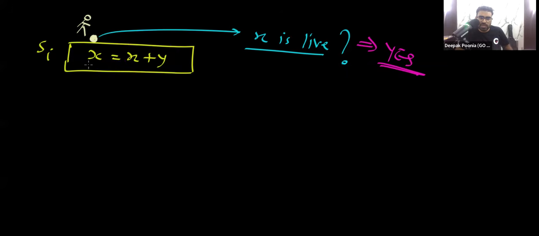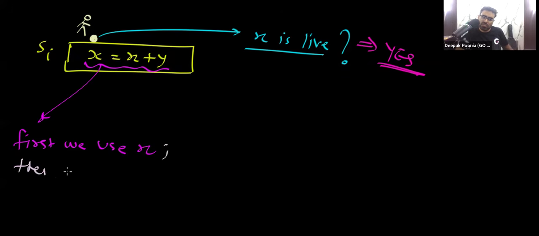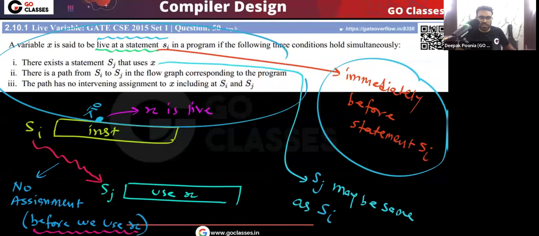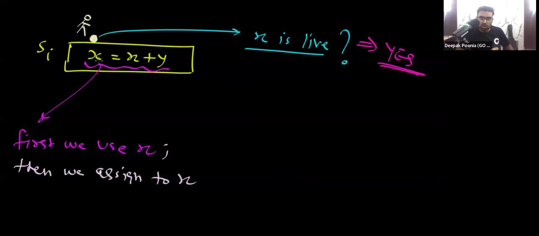So in this statement, first we use x, then we assign to x. So if you have this type of statement, this definition will still work, because before we assign, there is a use of x. So that is the reason x is live.